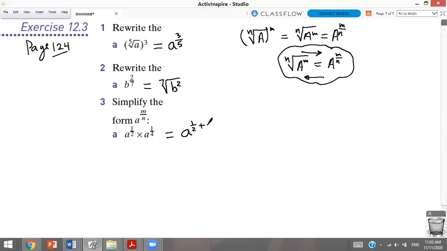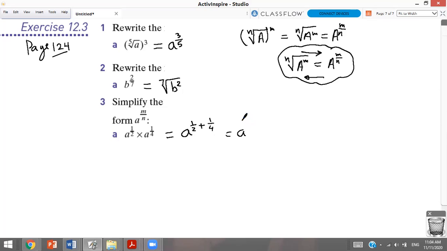If you multiply, you will add powers. It will be 1 over 2 plus 1 over 5. Here it will be a power what? 6 over 8. No problem. 6 over 8, correct or wrong?